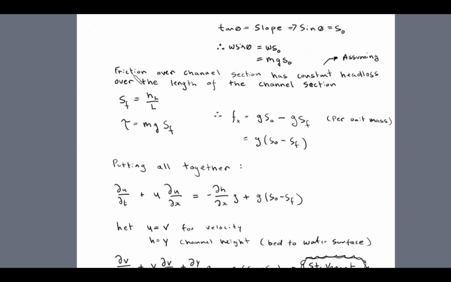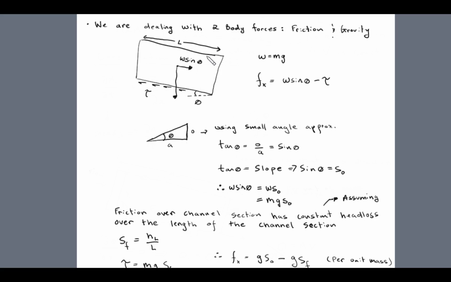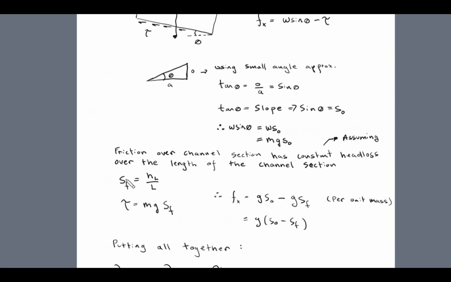So then the friction over the channel section, this is what we're going to be assuming, has a constant head loss over the length of the channel section. So over this channel section, we're going to be assuming that this has a constant head loss per length. So then the friction slope can be defined as head loss divided by L, and that's like a distance divided by distance, like meter over meter or foot over foot.